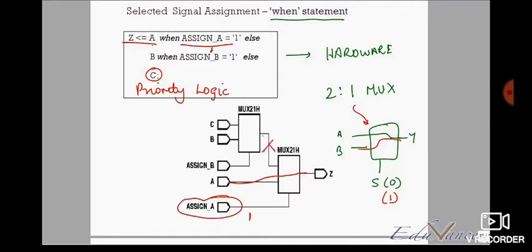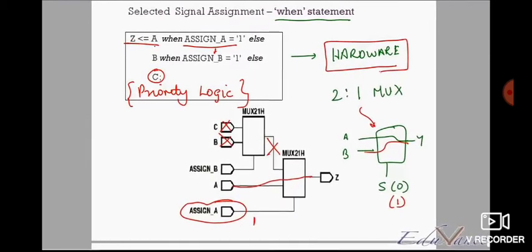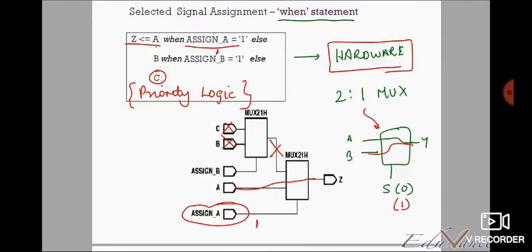Then I would not care about this value and hence not this value. So again, the when-else statement gives you priority logic. Depending on what hardware you want to make, you will decide the right kind of statement.